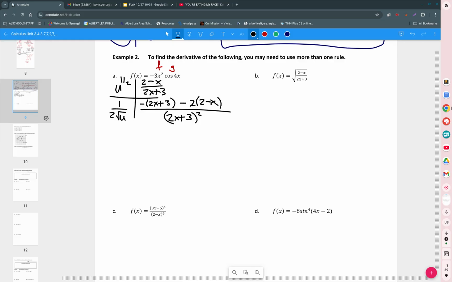We have some simplifying we can do at the top. I have a negative 2x minus 3 minus 4 plus 2x over 2x plus 3, that quantity squared. So what are we left with at the top?